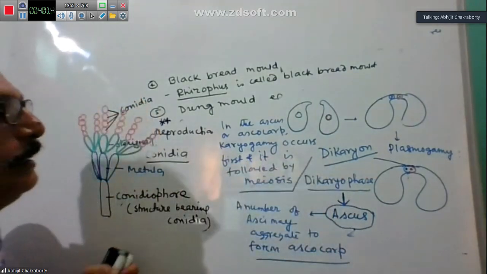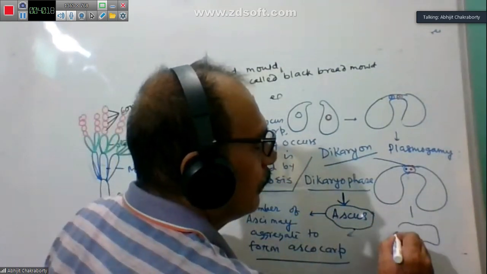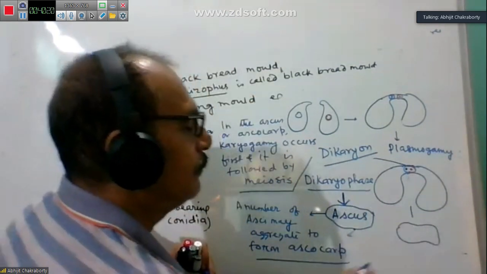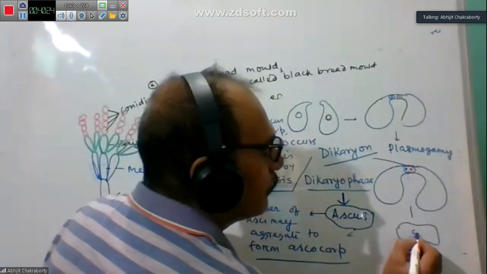So in these ascocarps, ultimately, first of all, what happens?